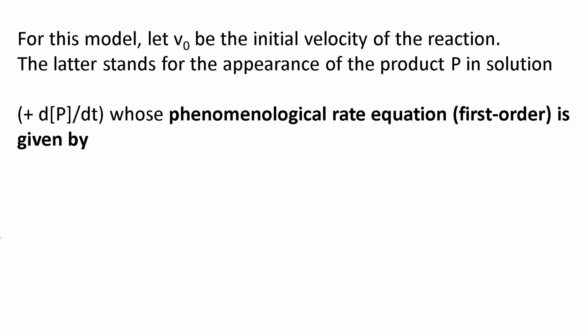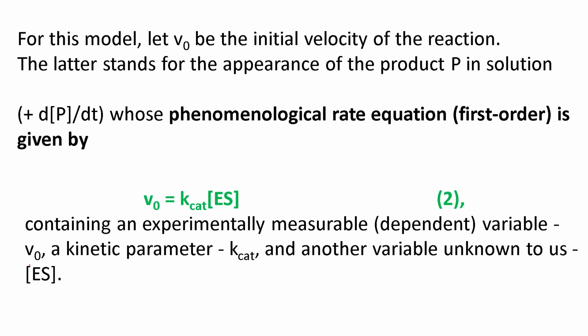This gives you that V0, the initial velocity, is equal to kcat multiplied by [ES].